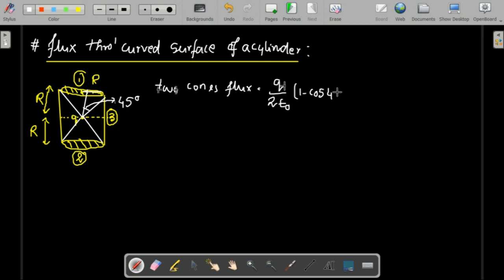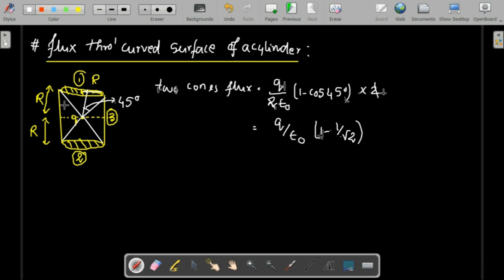Theta is nothing but 45 degrees. This is for one. There are two cones, same logic, into 2. So this 2 and this 2 will get cancelled out. And here cos 45 is 1 by root 2. We know it. So I'll write it down as q by epsilon naught into 1 minus 1 divided by root 2. So that's my flux that is coming out of the cones.